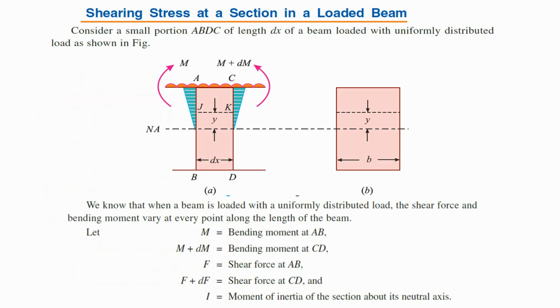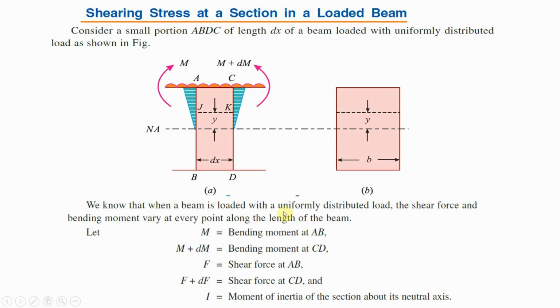Now to derive this shear stress, let us take one rectangular section of the beam, or consider a small portion ABDC of length dx of the beam loaded with a uniformly distributed load as shown in the figure. Now here this is the neutral axis of the section, the width of the section is dx, and I have taken two sections on this beam, that is this AB section and this CD section.